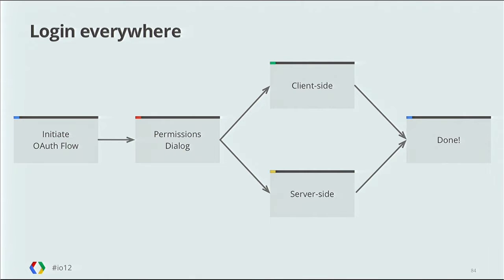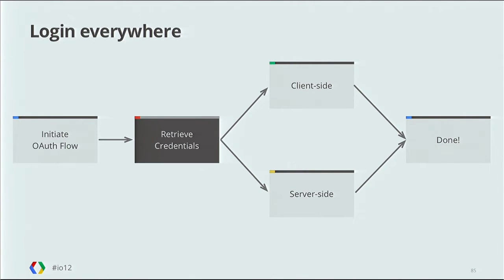But that permissions dialog, if you've already authorized, just bounces back some credentials. It's login, right? The user's already logged into the Google account, they hit that button, and you know who they are, that particular user in that particular browser. All you need to do is keep that Google Plus ID somewhere safe.